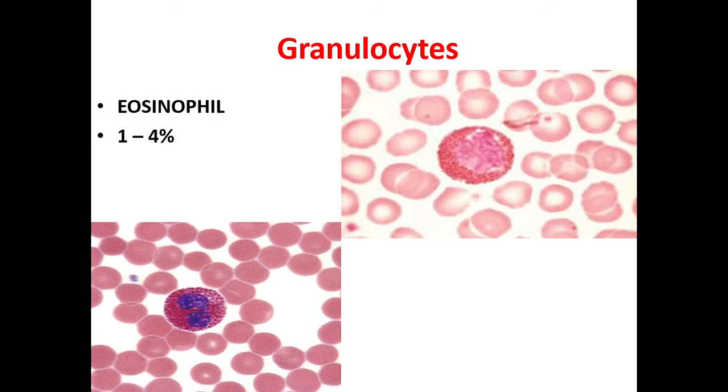Because of this, they will appear as orange-red granules, and they are uniform in size that may cover the entire cell, or it will cover the nucleus of the cell. These orange-red granules are a distinct morphological characteristic of the cell that will help us easily identify them under the microscope. Now, in a differential smear, they are just around 1 to 4%.